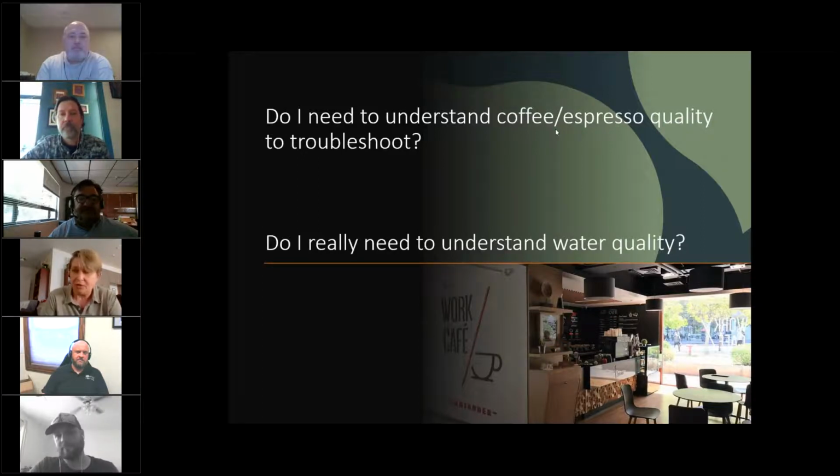We should all know heat, pressure, water quality, and dosing. That's all part of what makes a shot of espresso, or even batch coffee. Not knowing that is going to extremely limit your ability to narrow down what the problem is in a timely fashion.